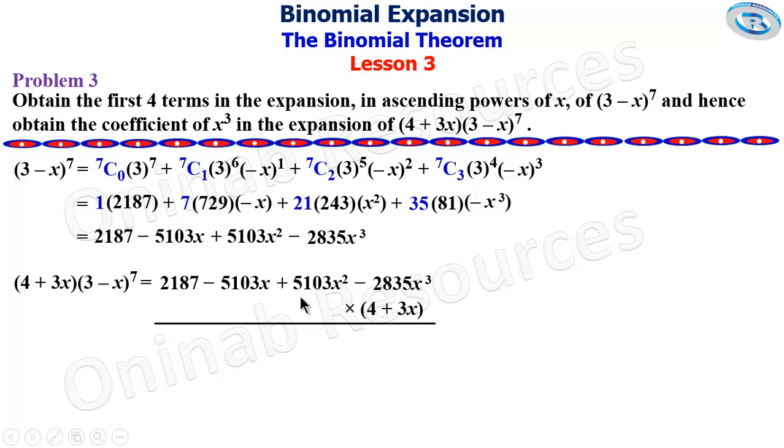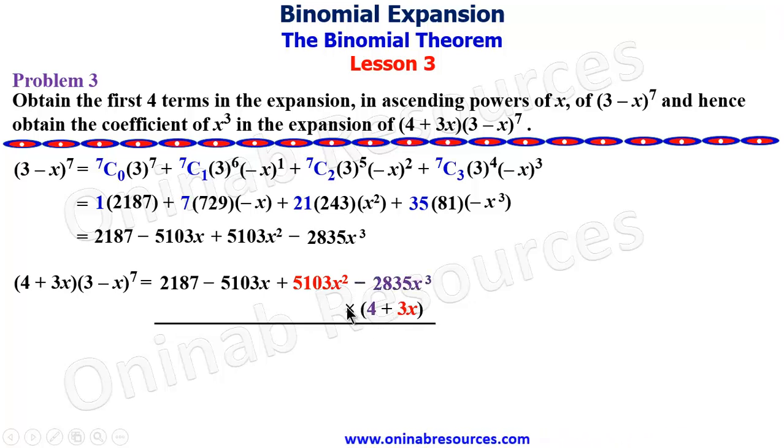Because if you multiply the constant by the constant, it will give you constant. If you multiply this with power 1 by 4, it will still give you power 1. But if you multiply the constant by this power 3, it will still give us power 3. And if you multiply 3x by all this, it's only one that will give you power 3, which is this. So we are going to carry out that appropriately.